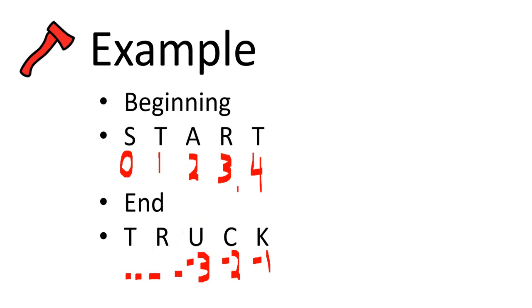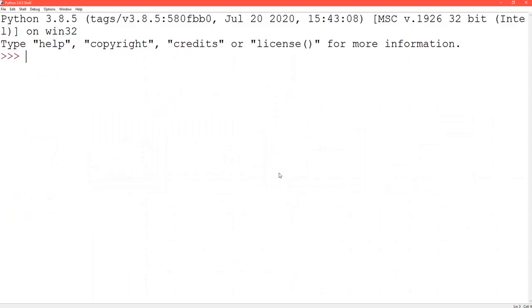So what does this mean to us in Python? Well, let's head over to the interpreter. Let's assign a string to a variable. So let's just say a equals hello, hit enter.